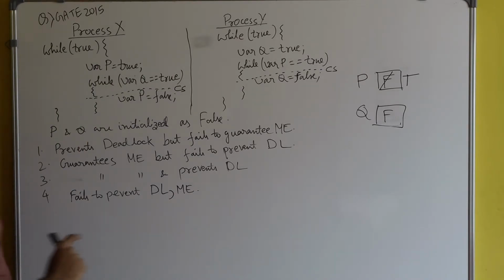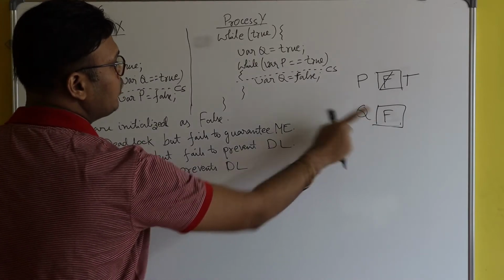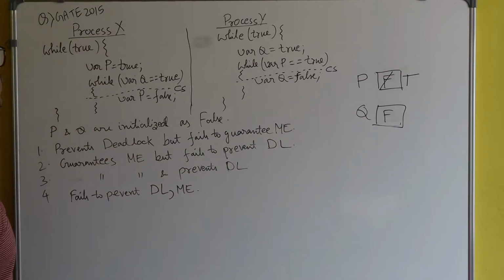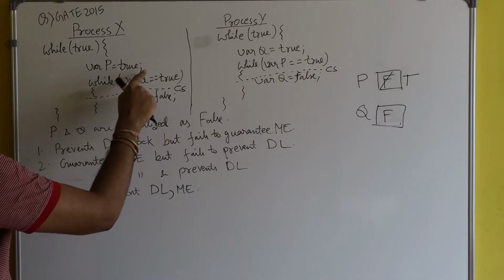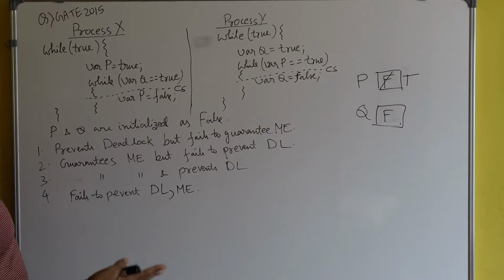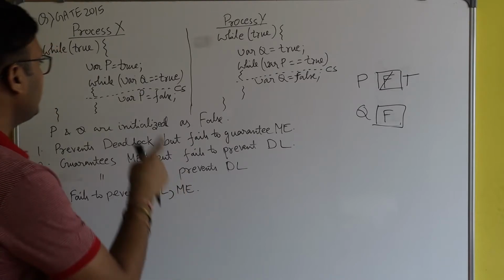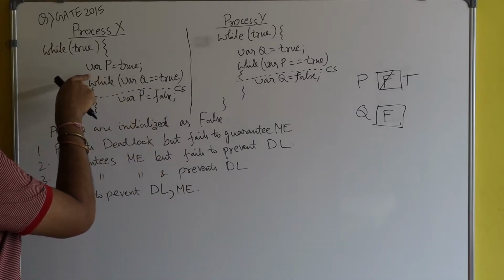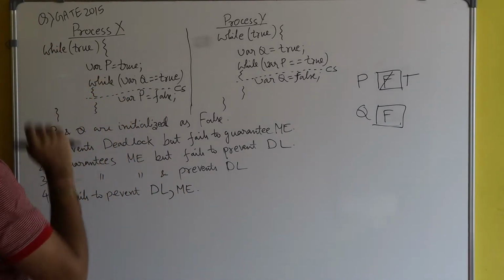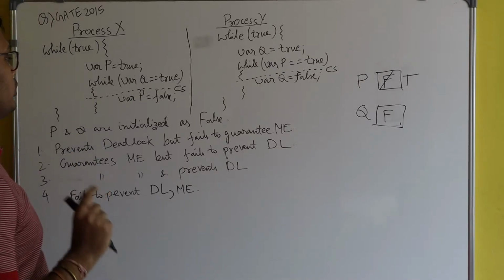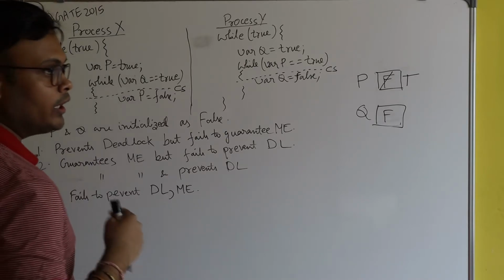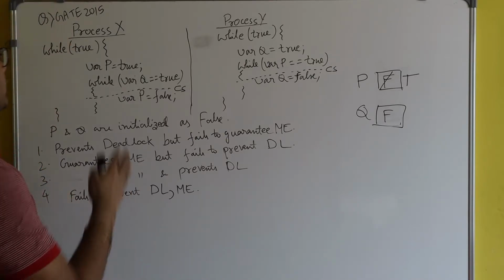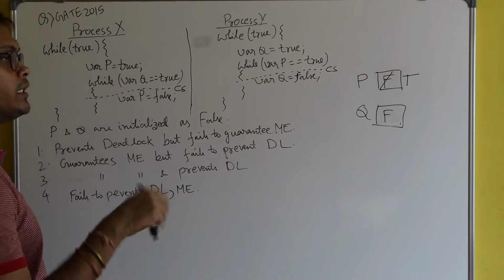But actually Q is equal to false, so false equal to true, and the condition is not satisfied. So this process will not enter the while loop. In this question the critical section is present inside the while loop, so to enter the critical section the process must enter the while loop.